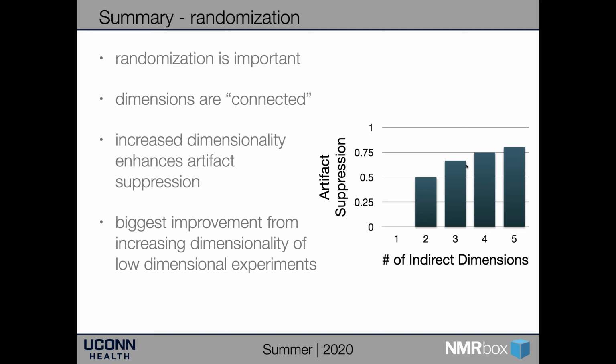So we continue to approach that value of 1. And what's interesting here is that the biggest improvement that we see comes from that very first jump. We get marginally less and less and less as we go, meaning that even for modest experiments of only 1 or 2 indirect dimensions, really paying attention to the use of randomization is going to help you suppress those sampling-induced artifacts.